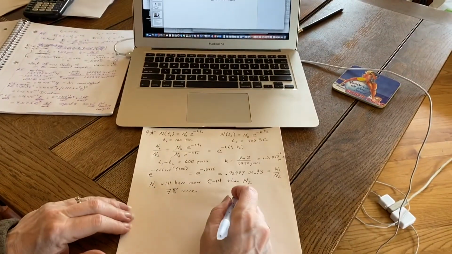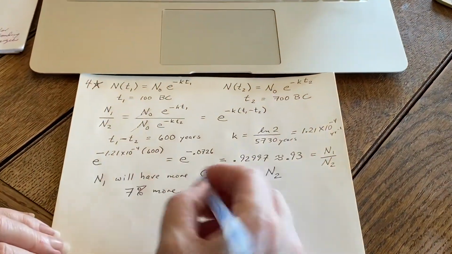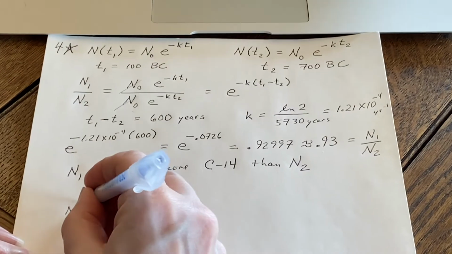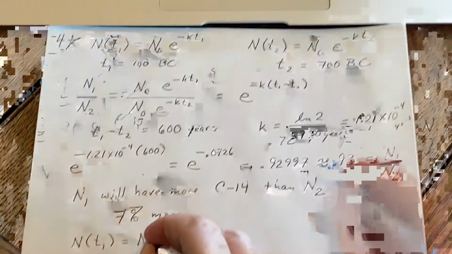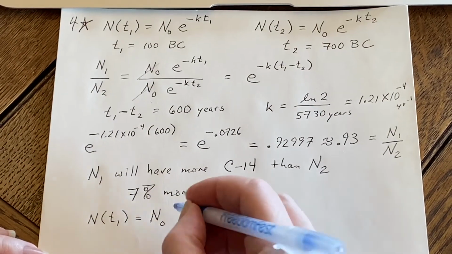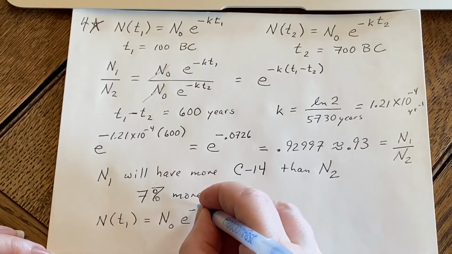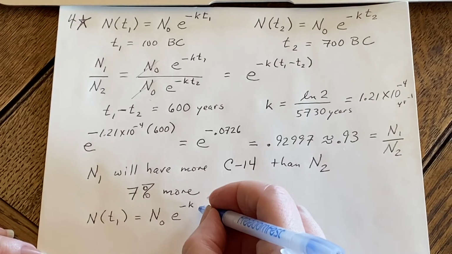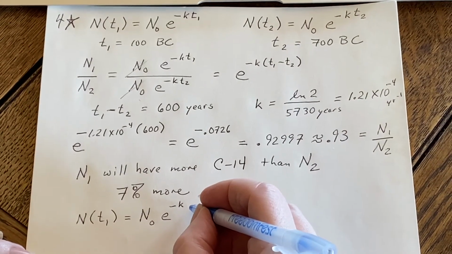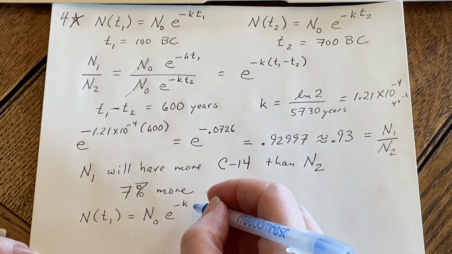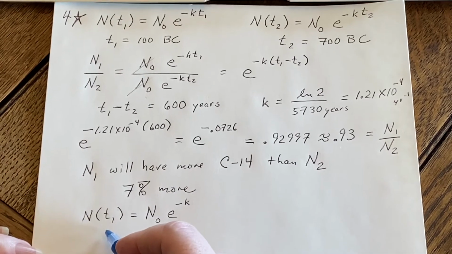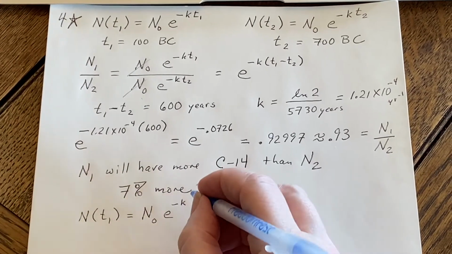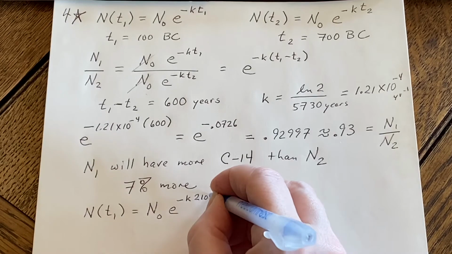Another way we could approach this problem is to simply say that for N at T1, I started out with all of my substance, and I am decaying for how long? Well, they said they did this in the year 2003, so we'll just call that the year 2000. And they said it was from 100 BC. So that's a grand total of 2,100 years.